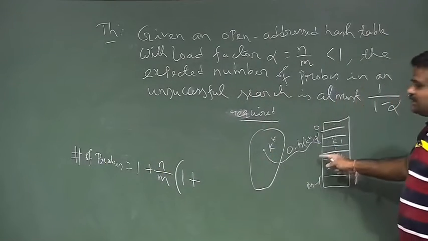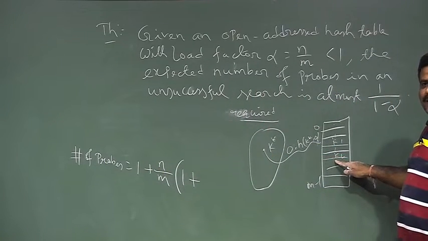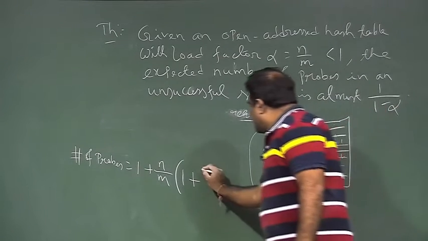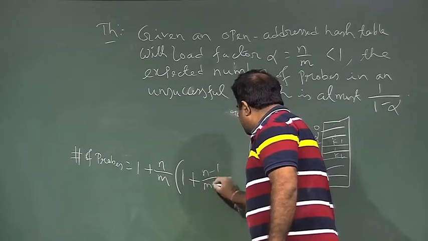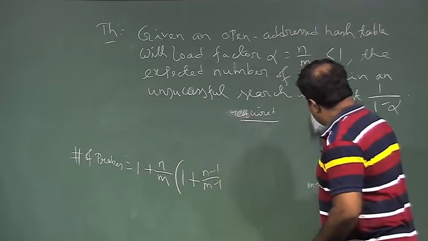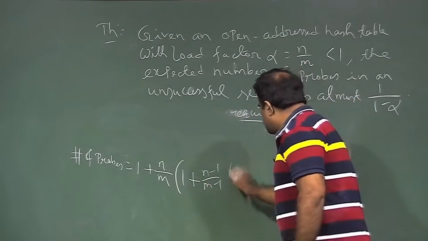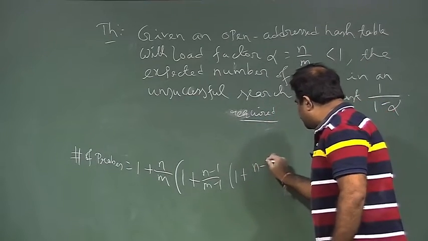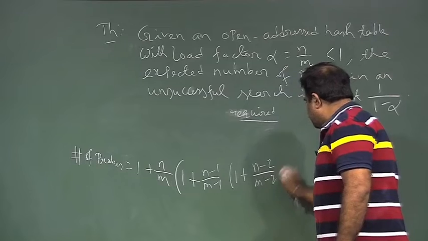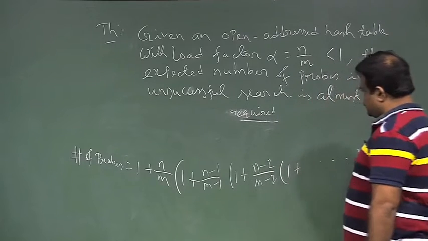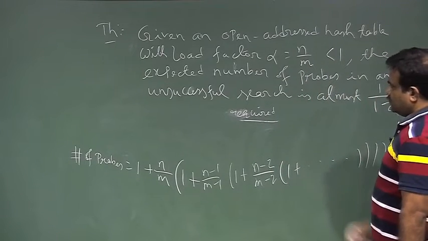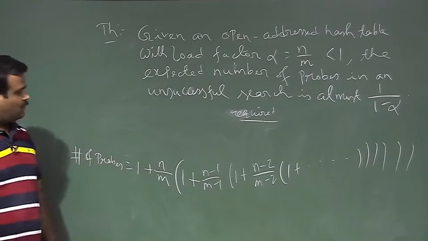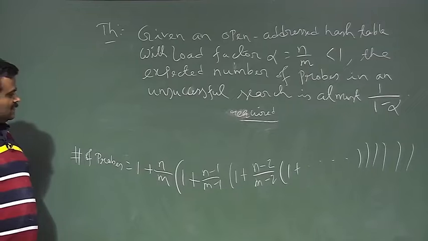If it is again hitting an occupied slot, that probability is basically n minus 1 by m minus 1, and then we go for the next probe like this, and so on. So, this is the number of probes, or we can say the expected number of probes in the probability calculation.